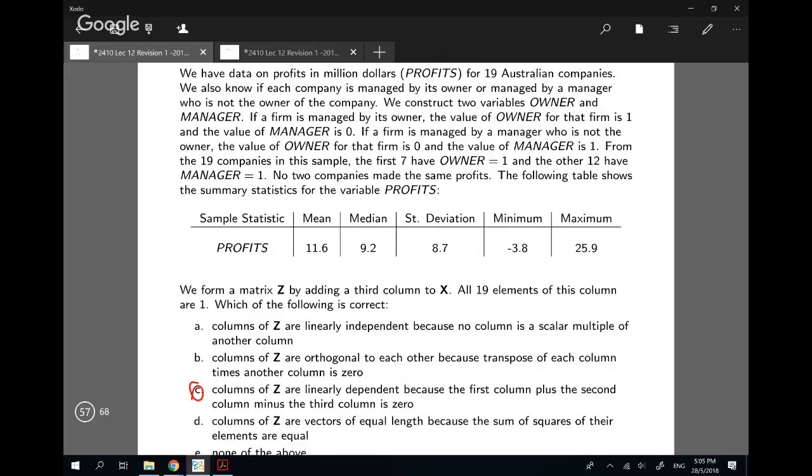The third column is always 1. That's the constant, basically. So it's dependent because the first column is 1 plus the second minus the third is 0. So in this case, yes, it's always true. Not always the case because you have the constant and 2 dummy variables only. If you have a non-dummy, then it's not true.